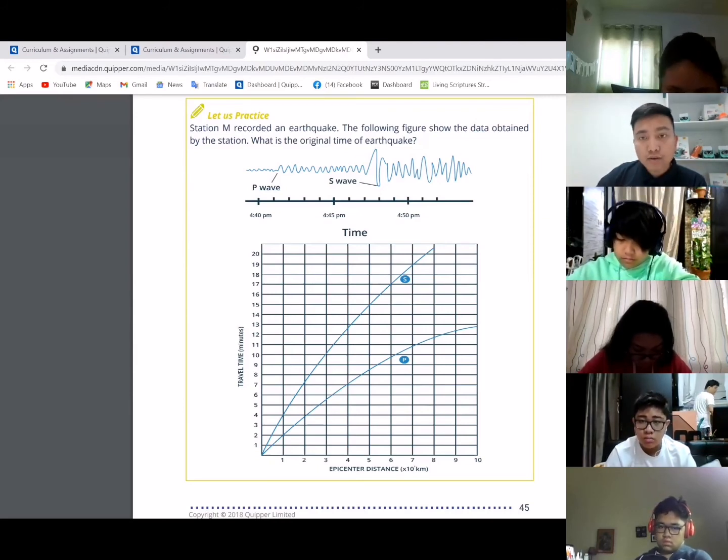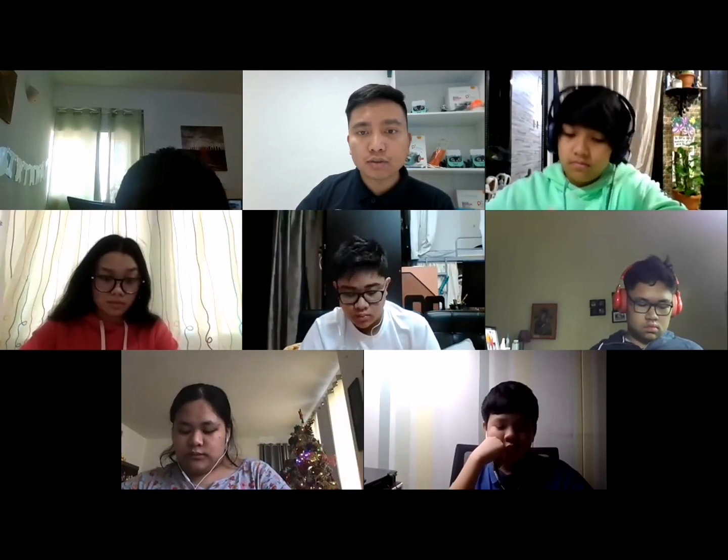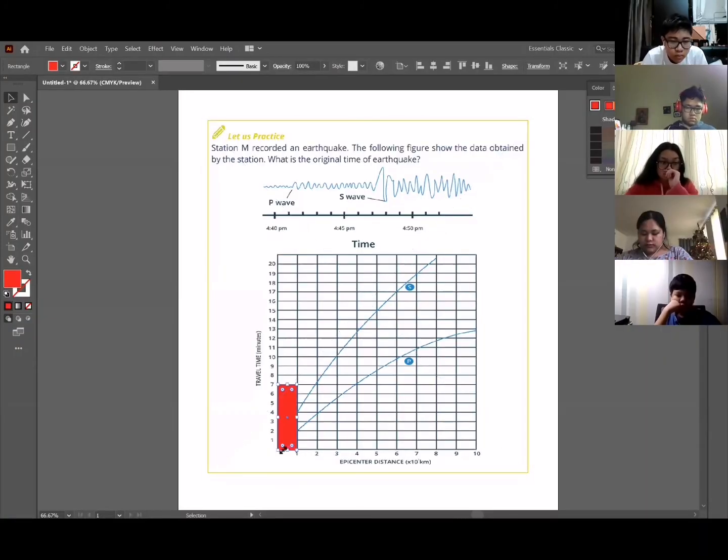So we get 7 minutes. And now we're going to graph the 7 minutes. Let's use the illustrator. And so you can see here that the 7 minutes is graphed. And then we need to slide this until both ends fit on the lines of the S and P waves. So it's in here.